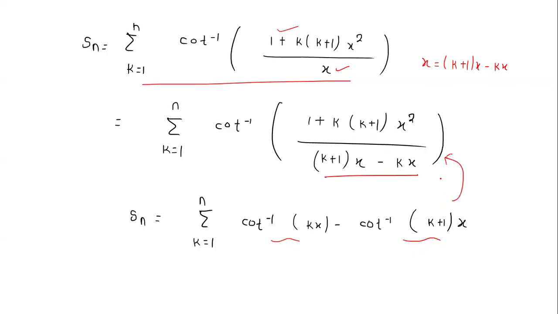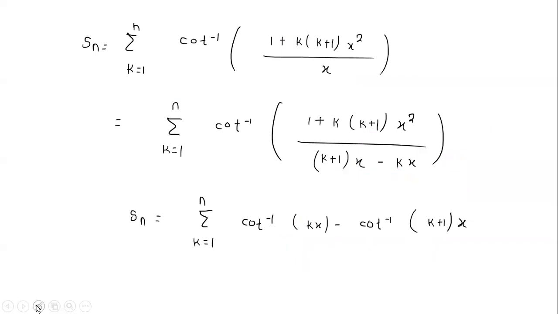Here we have k times (k plus 1) times x square, so there are two pairs, kx and (k plus 1) times x, and in the denominator we also have these. So this is the same as cot inverse of kx minus cot inverse of (k plus 1) times x.